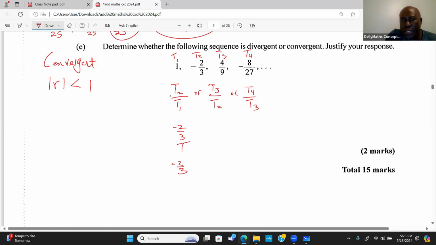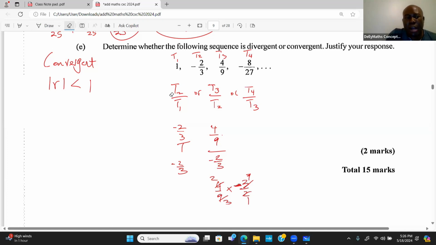Or if I use 4/9 divided by negative 2/3, I still end up with negative 2/3, because if you divide by negative 2/3, you multiply by negative 3/2. You get back negative 2/3 again. And if we proceed, we'll get the same thing.